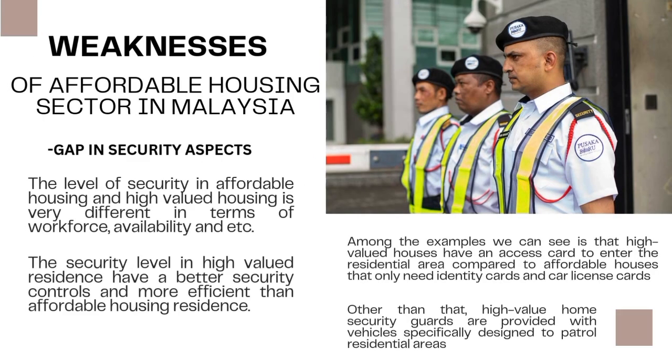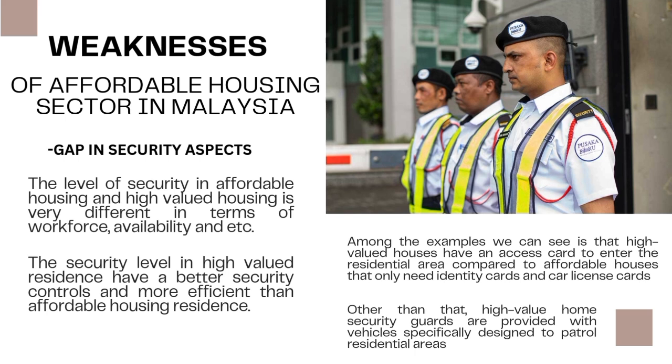For the next analysis, which is weaknesses of affordable housing sector in Malaysia, first point is gap in security aspects. The level of security in affordable housing and high value housing is very different in terms of workforce availability, etc. The security level in high value residences has better and more efficient security controls than affordable housing residences.